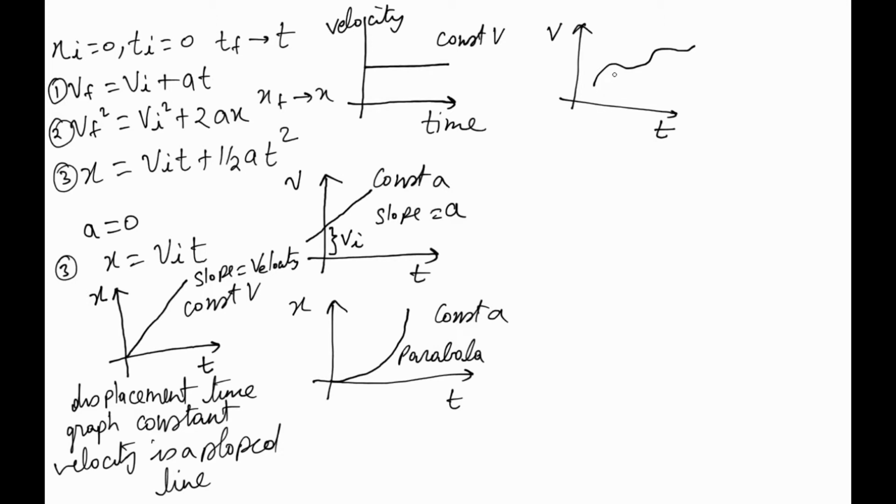There's a meaning to the statement that the area covered under the velocity time graph is displacement. So this whole area is displacement, which is xf minus xi.